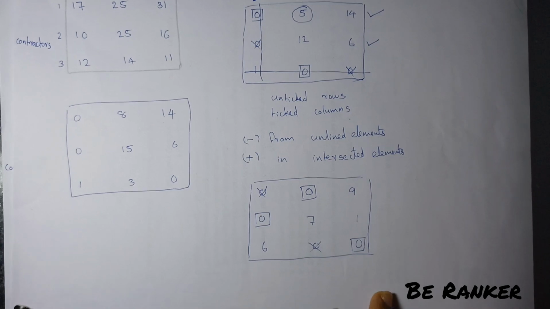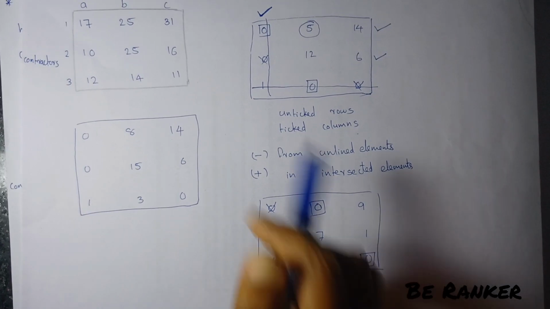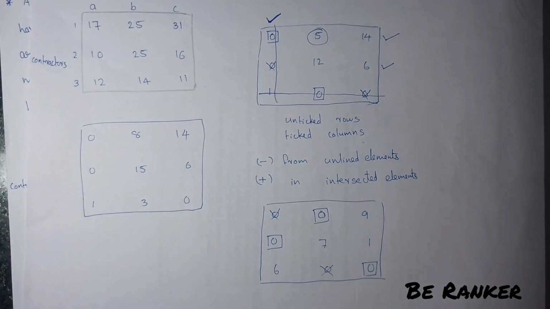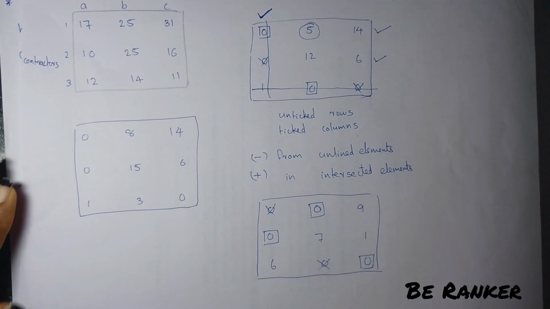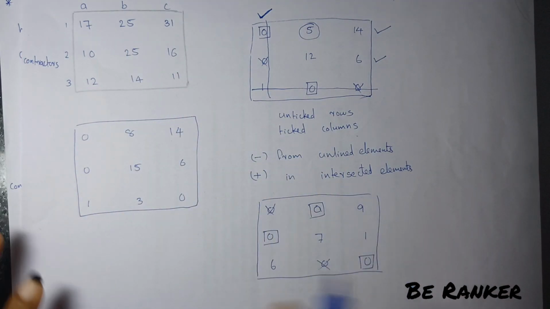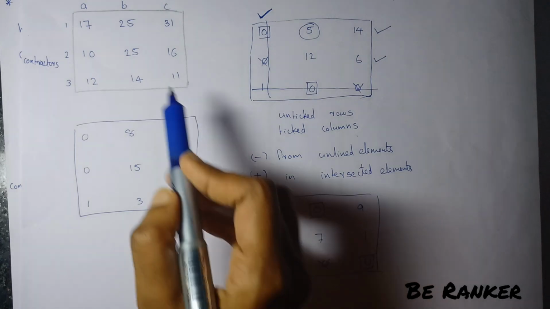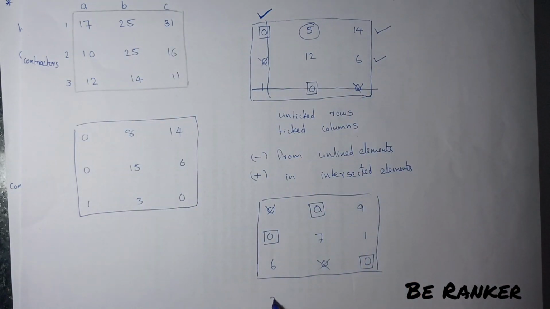Now the final answer uses the original values. This is the question matrix. We add the original values at the positions of the assigned zeros. The first assigned 0 is in the first row, second column, which is 25.